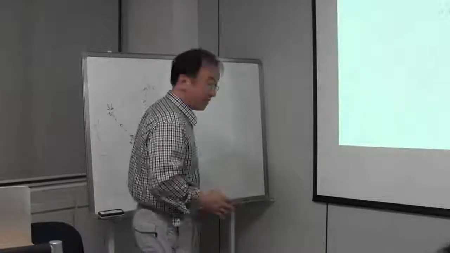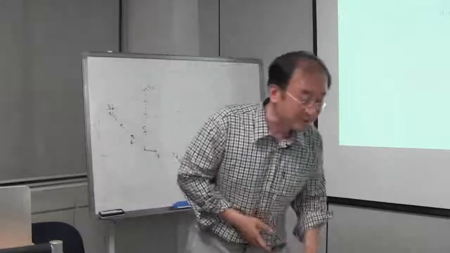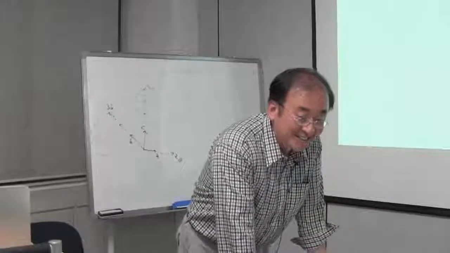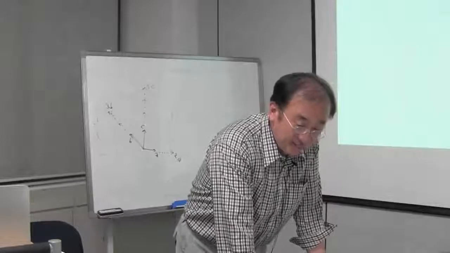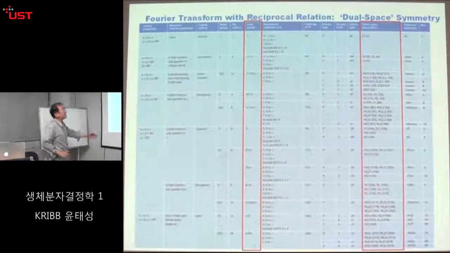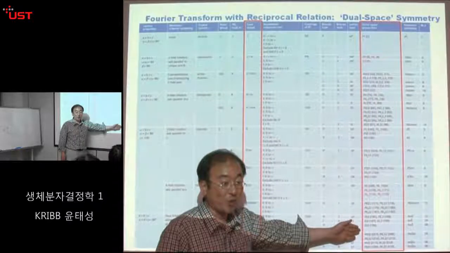next time, how many chiral space groups do we have in protein crystallography? 65. Where do we have 65? At which page? Key concepts. So if you count the rest column, here we'll find 65 or 64.